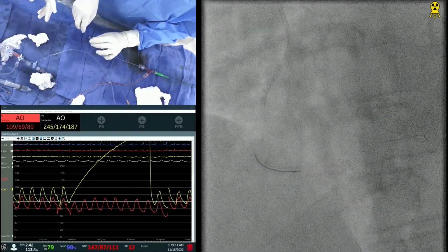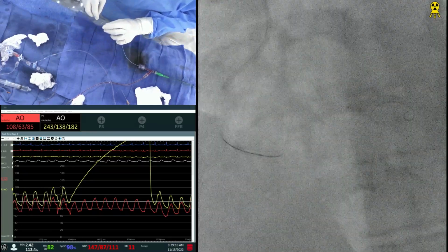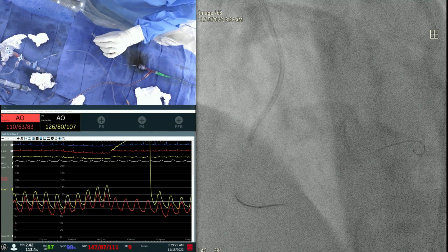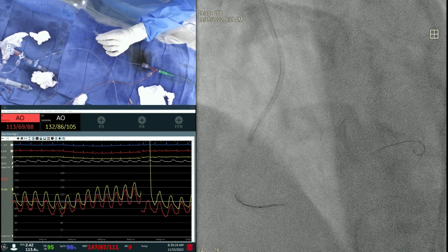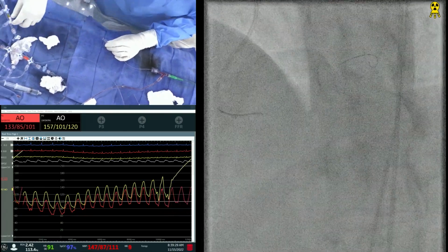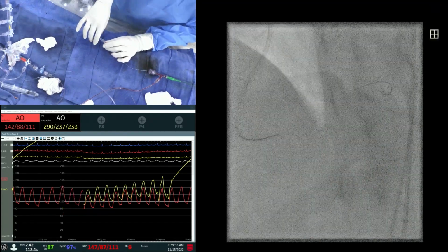Go to a little epicranial to see the ostium a little better. Yeah, good. And let's take a retrograde picture. Good retrograde picture. Okay.